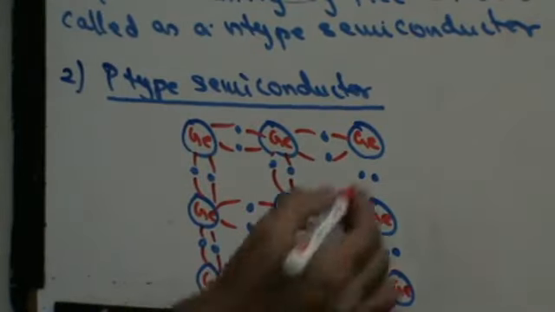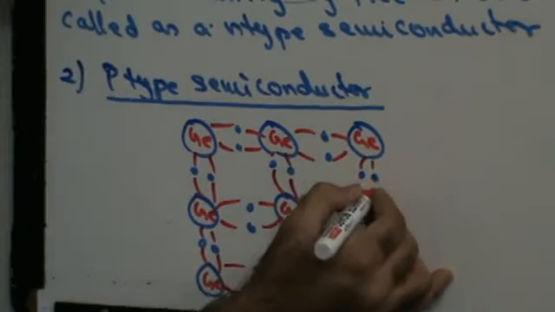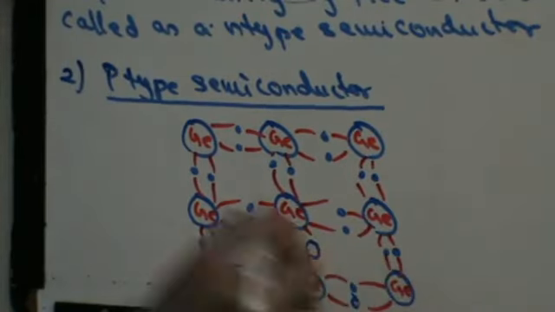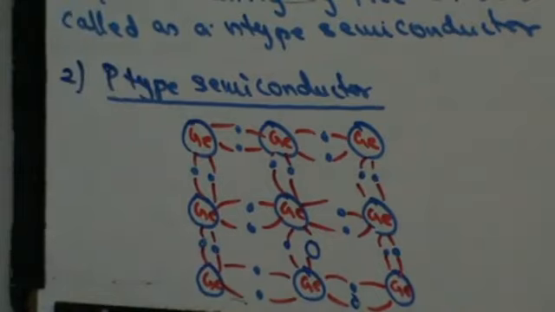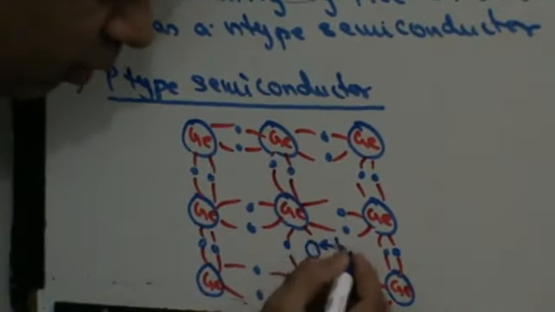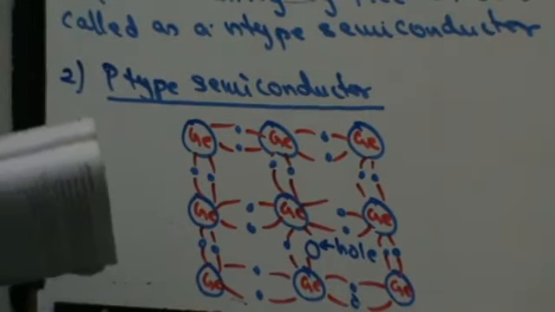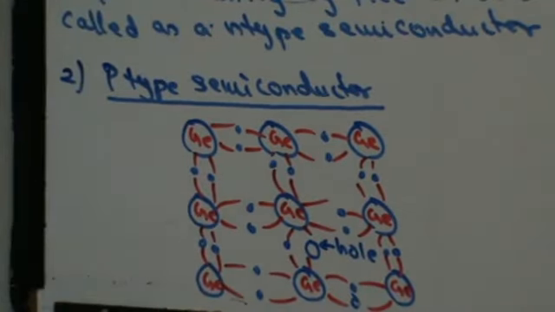This is that empty space which is referred to as a hole. Fine. So your current is going to be conducted due to the hole. This is your hole due to which the current is going to be conducted. Fine. Do we get this in here?